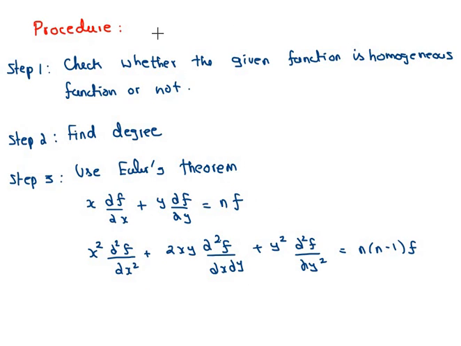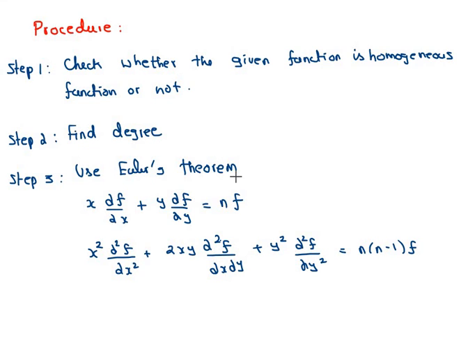First, we'll see the procedure. Step 1. Check whether the given function is homogeneous function or not. By the definition of homogeneous function, we are going to find whether the given function is homogeneous function or not. Then we'll find the degree. If it is a homogeneous function, then we'll find the degree of the function.